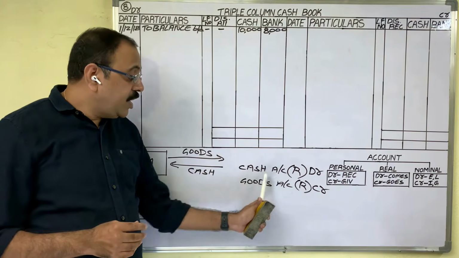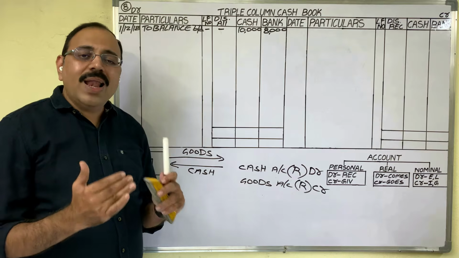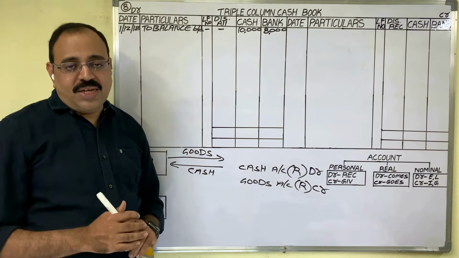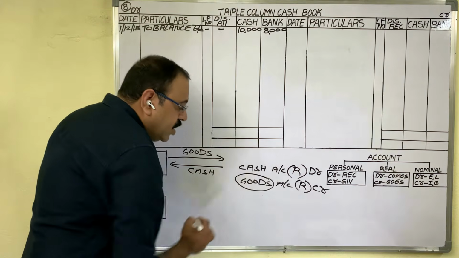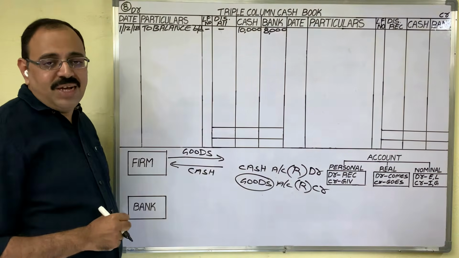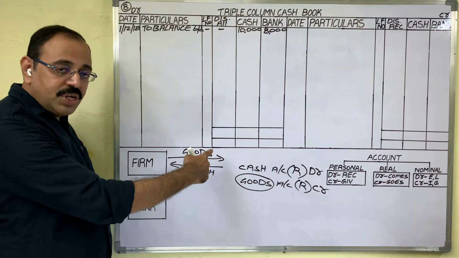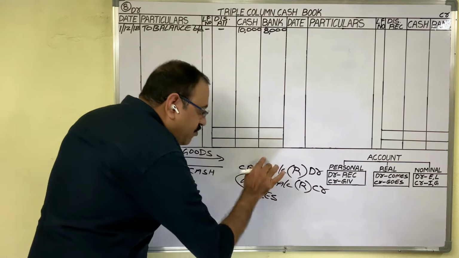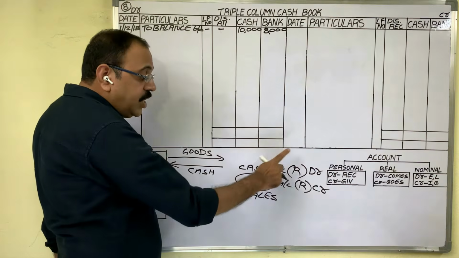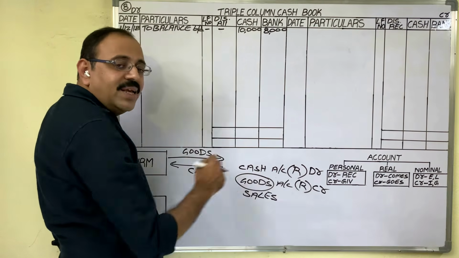If you simply write goods, there is no clarity regarding the transaction. So, instead of writing goods, we should mention the transaction name. This is a sales transaction now. So, write down sales account. So, the final entry is cash account debit to sales account.